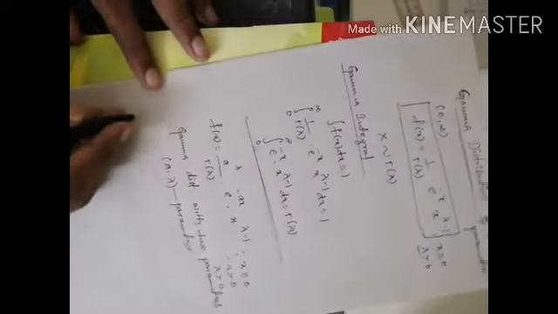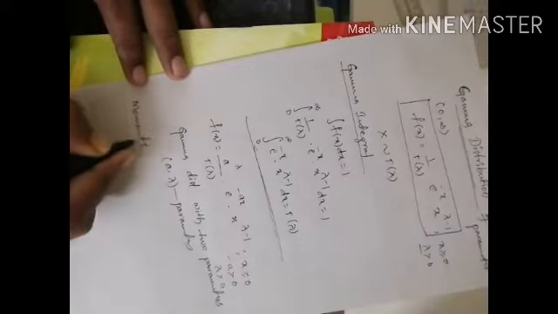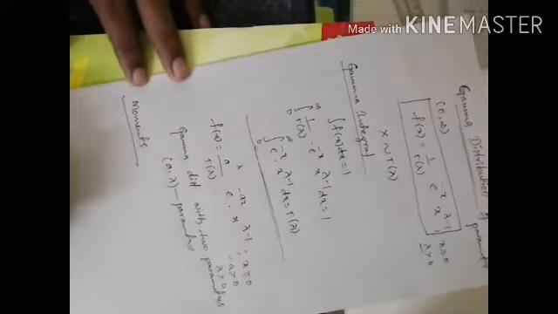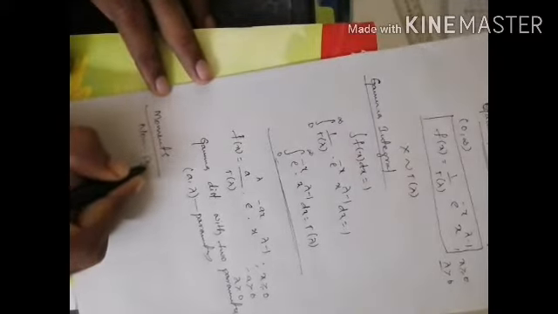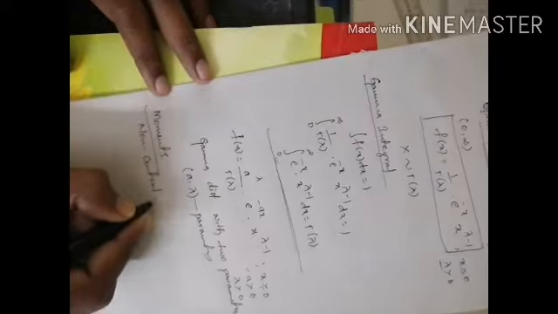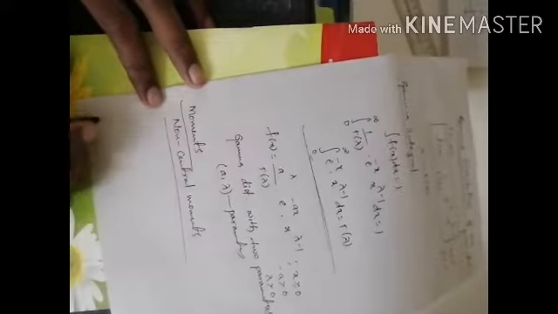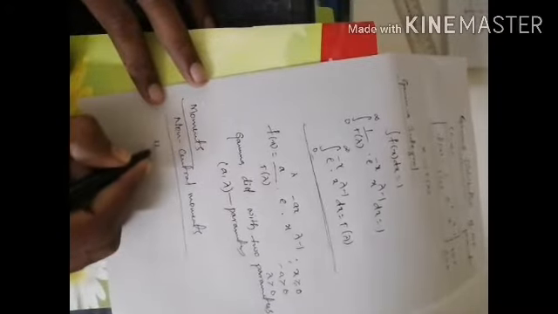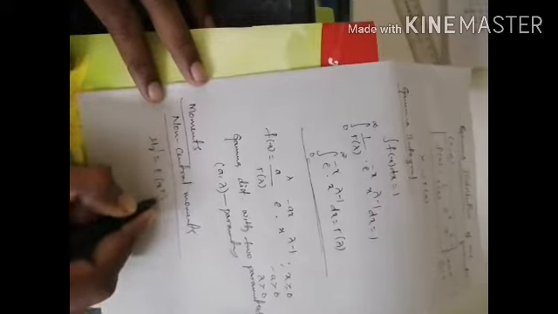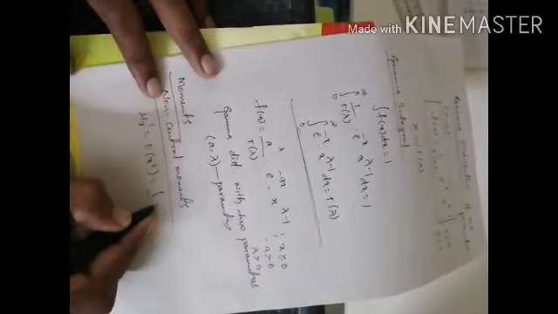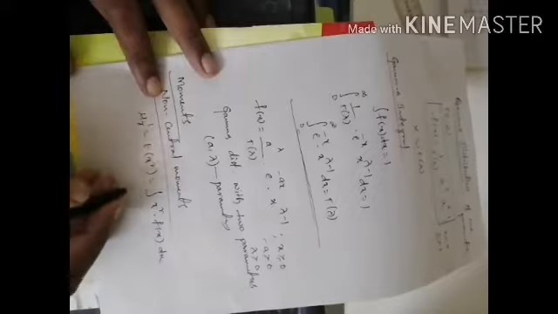Now next we need to find moments. So first, non-central moments. First we need to find the rth moment, mu r dash, that is equal to expectation of x power r, that is equal to integration of x power r into f of x dx, right?